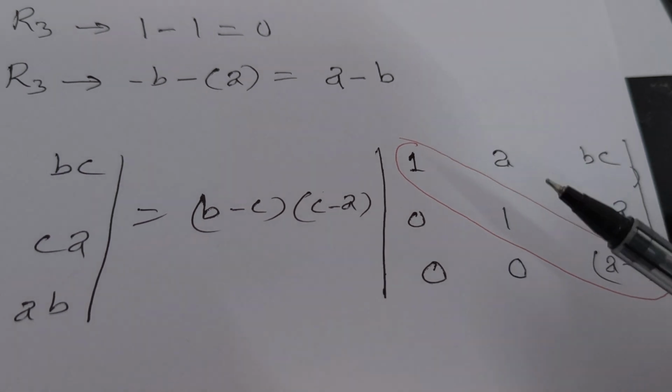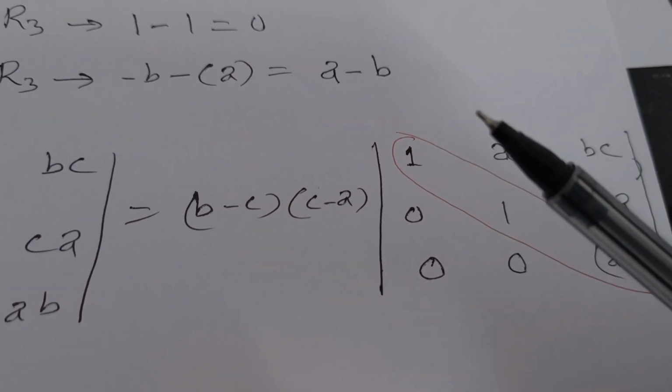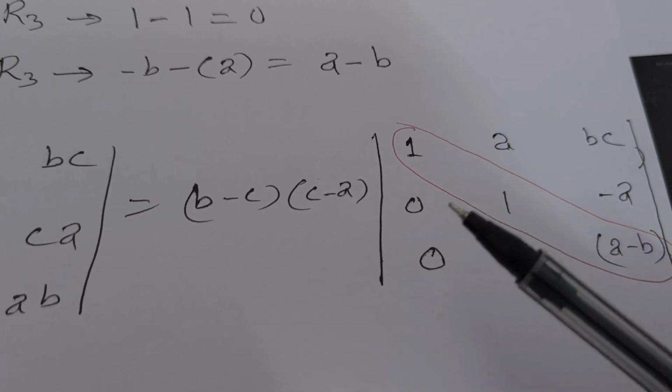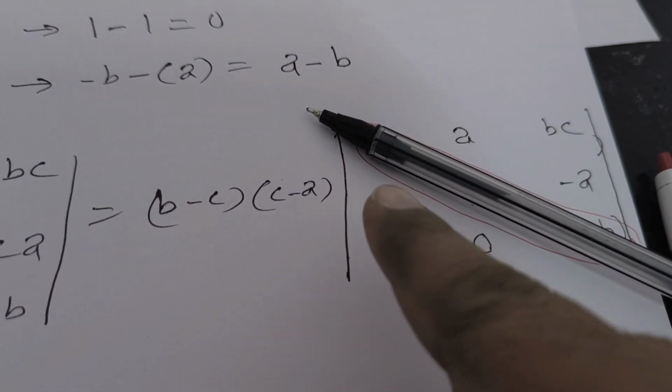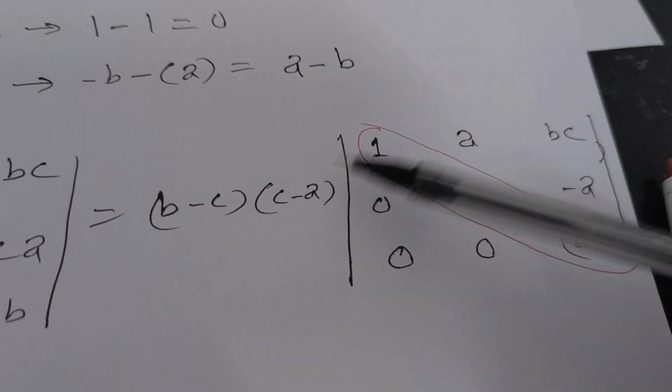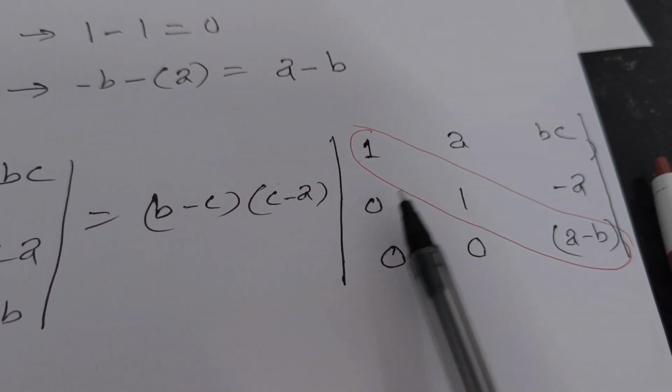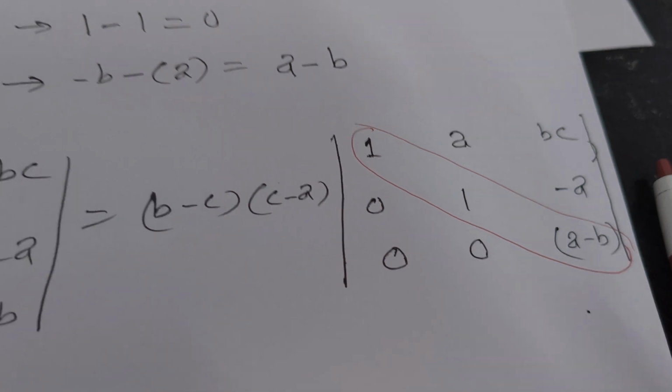Below the diagonal we have 0 0 0, so we take the product 1 into a minus b.